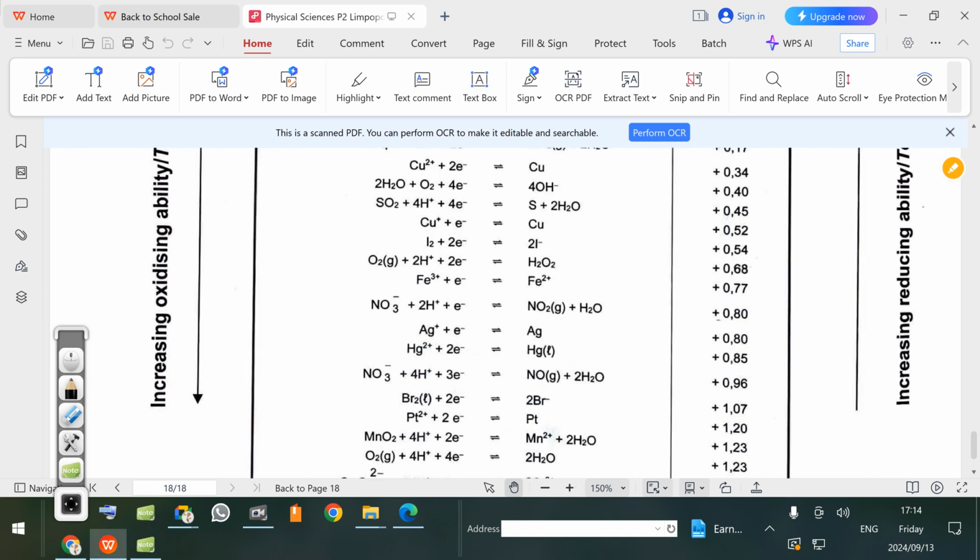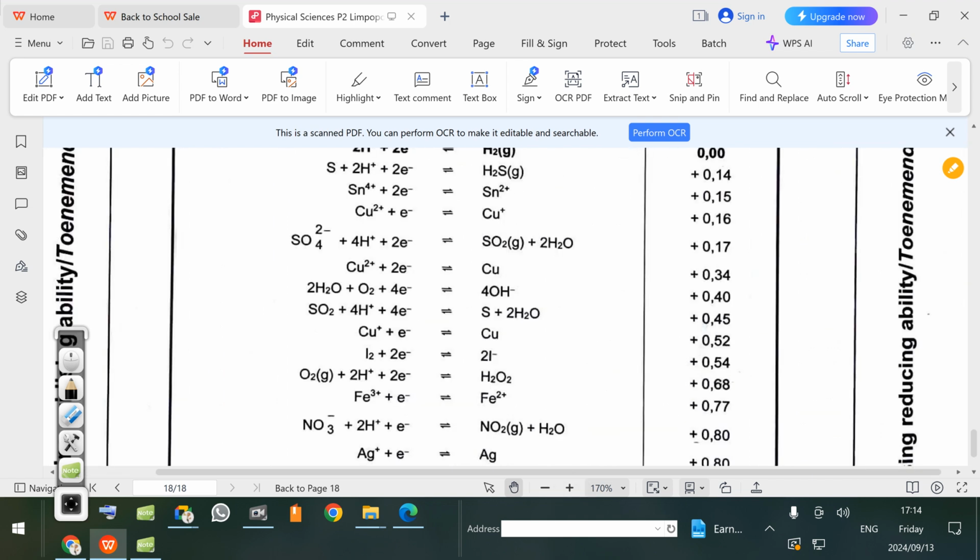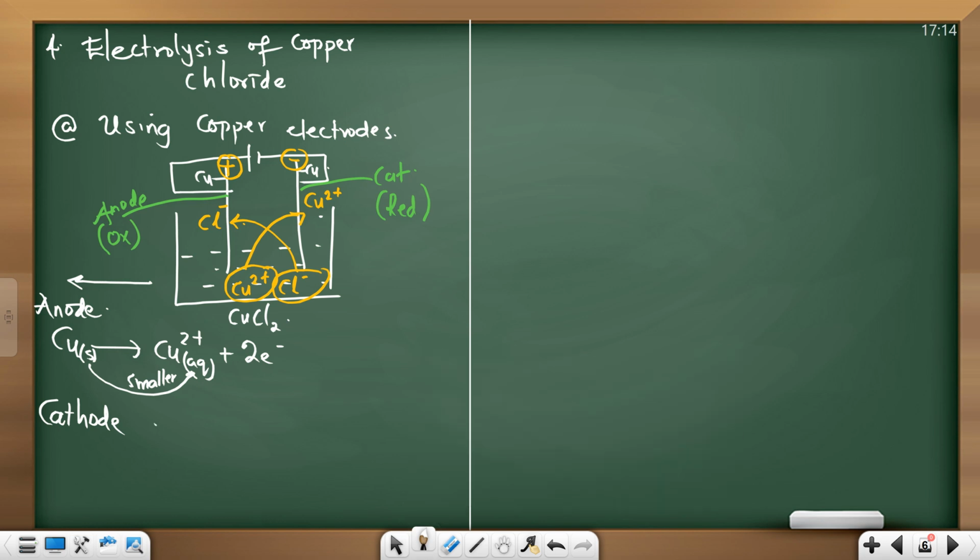Again, Cu2+. So what do you write? Cu2+ plus 2e to give you what? Cu.